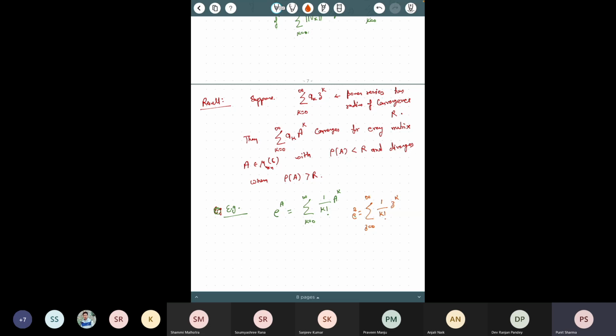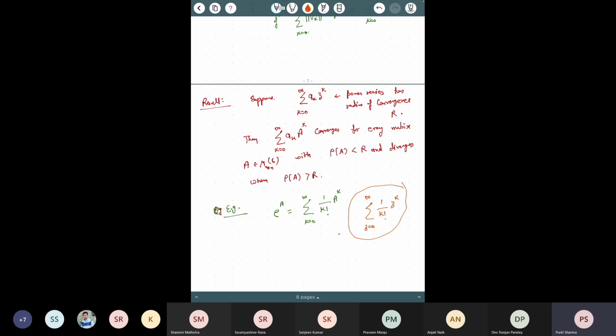But when does such a series converge? What is the radius of convergence of this series? Infinite. So for any square matrix A, this matrix exponential is defined.